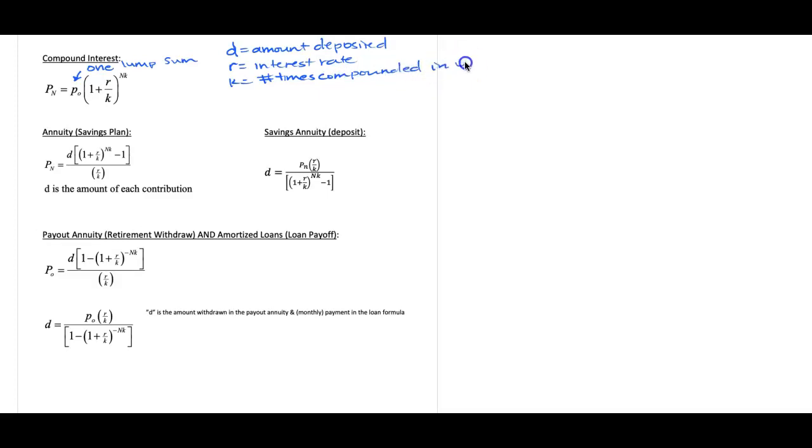And most of these, K, more often than not, is going to be 12 unless it tells you otherwise. So most of the time we're going to be using 12 for that, because it's being compounded monthly. Then that capital N there is the number of years.